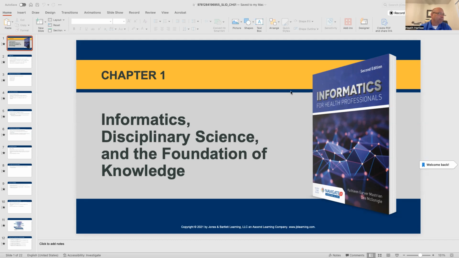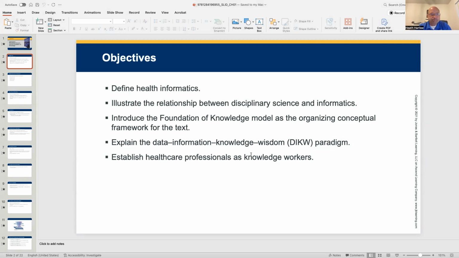So chapter one, we're going to discuss the informatics, disciplinary science, and foundation of knowledge. At the end of this module, you should be able to define exactly what health informatics is. And this is going to be a very important module. A lot of what you find in chapter one and chapter two, you'll find on upcoming quizzes.